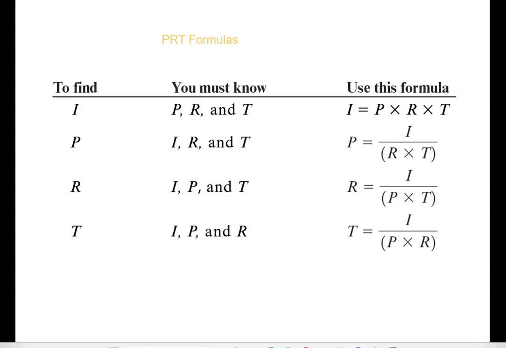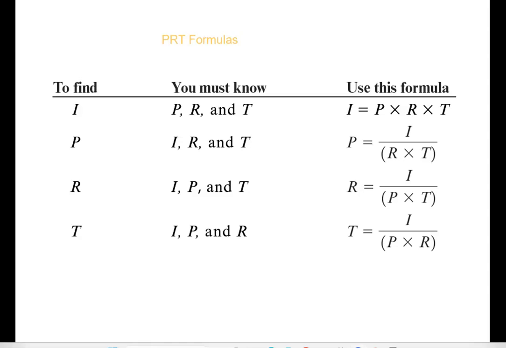Just by knowing our interest formula, remember that's your principal times rate times time, we can also rewrite it to find our principal amount, your rate, and your time. Notice for each of them, your interest amount is your numerator, and the other two things that are known are going to be multiplied in your denominator.